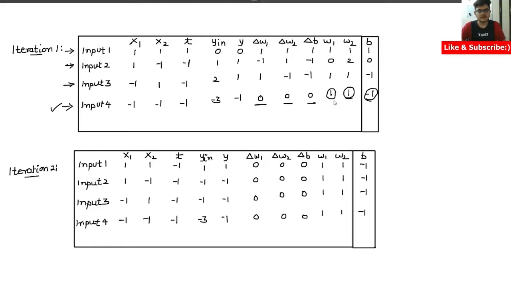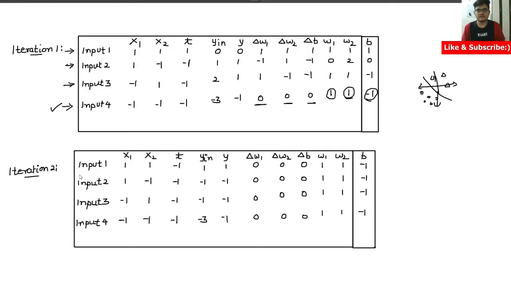So if I use the weights w1, w2 and a bias of minus 1 in the perceptron, I will be able to get a line which can do the binary classification, something like this. Let's say these are the two classes and it will be able to do the classification.